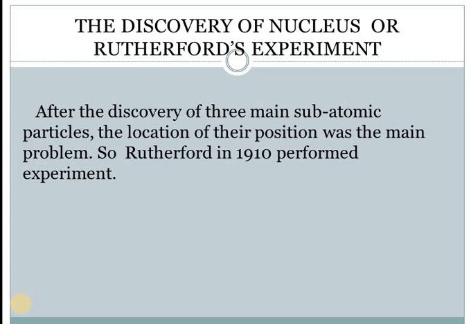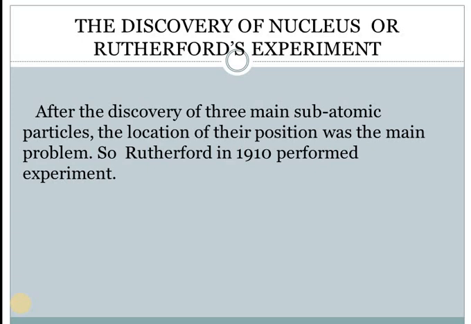When all these three subatomic particles were discovered, their position was not mentioned, whether an electron is present around the nucleus or in the nucleus, or at what position. So there was a problem in locating the three subatomic particles.